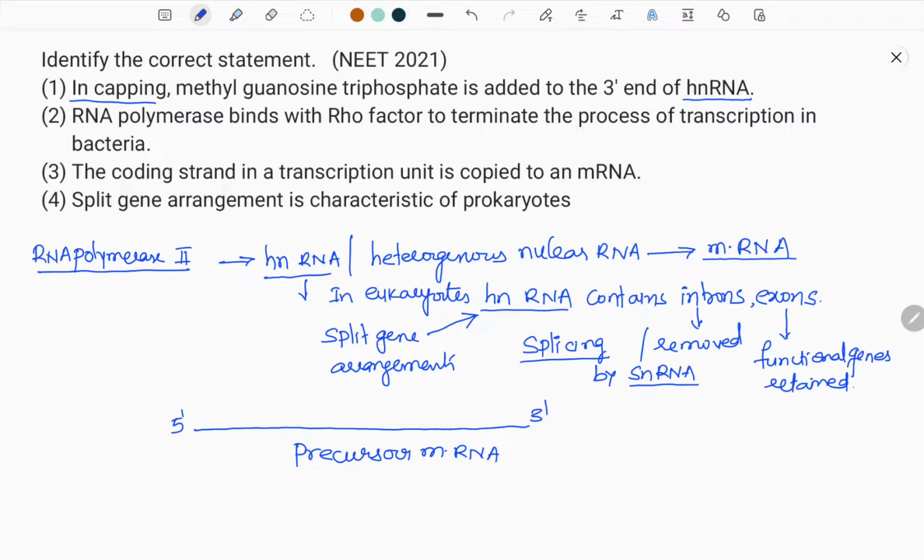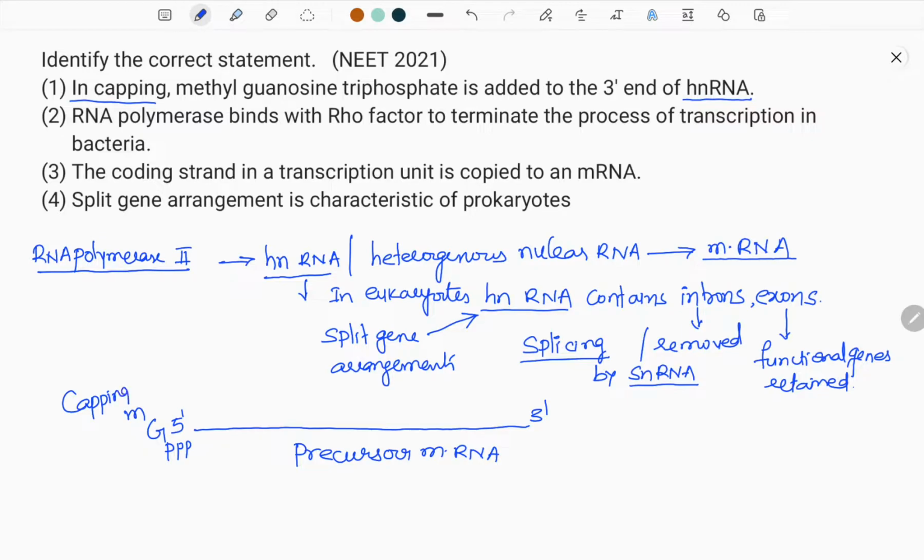At fifth end of this hnRNA, methyl guanosine triphosphate is added. This addition of methyl guanosine triphosphate is called capping.